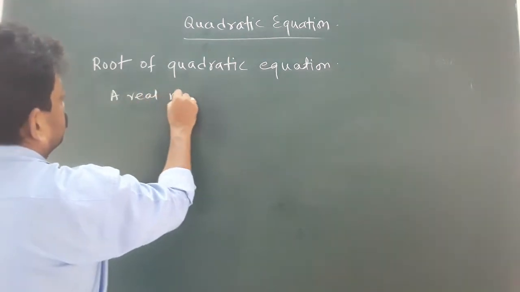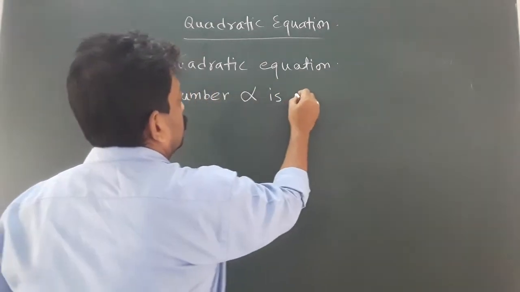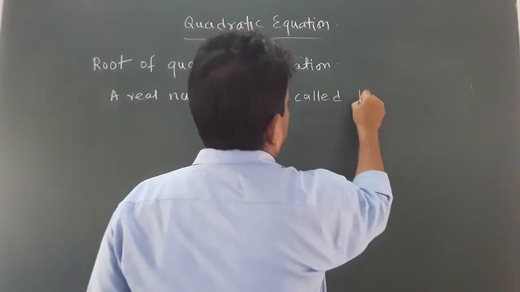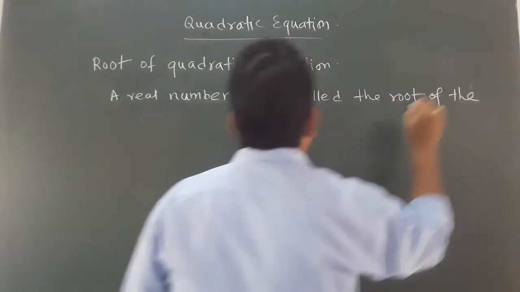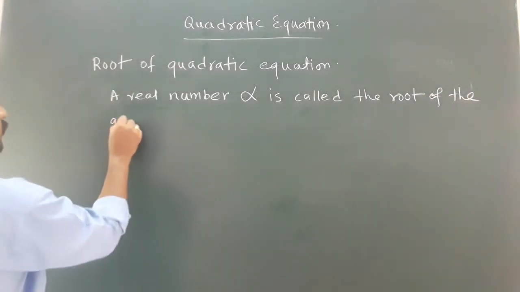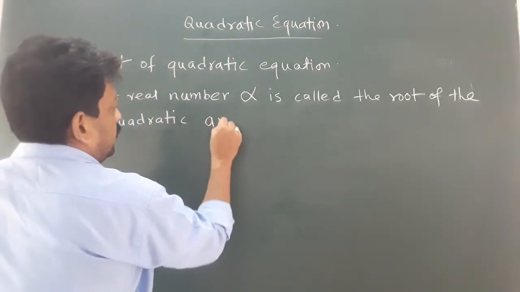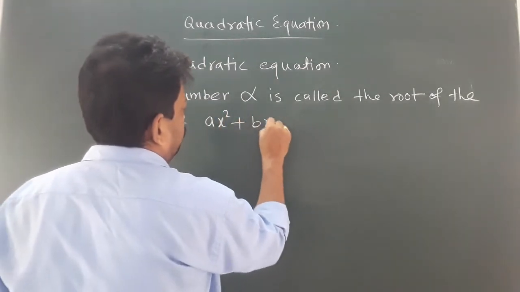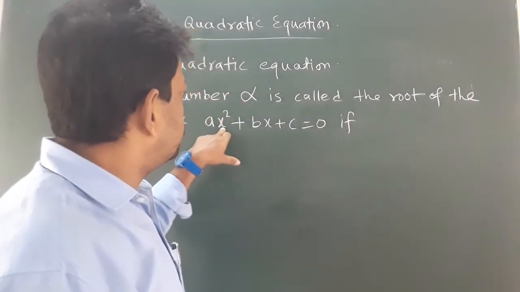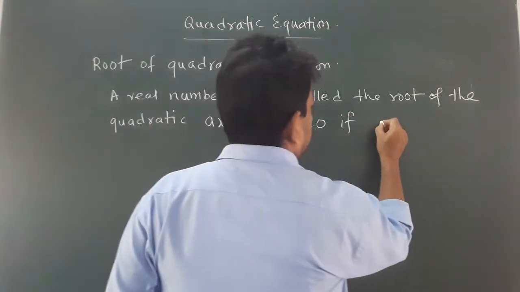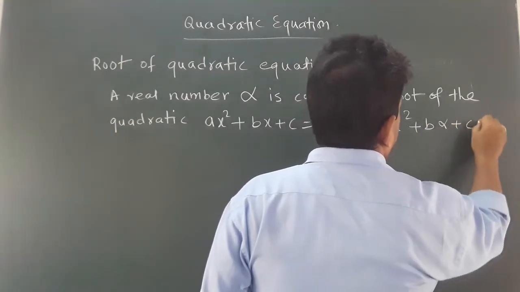A real number alpha is called a root of the quadratic equation ax² + bx + c = 0 if, when x is replaced by alpha, it becomes aα² + bα + c = 0.